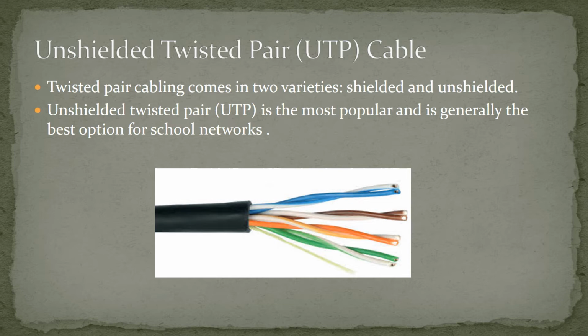The disadvantage of these wires is that they are very susceptible to interference, like electrical interference or wave interference. But still they are very popular where the number of computers in the network is too small, or the area covered by the network is quite small.